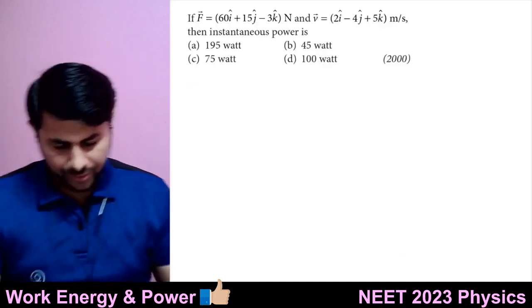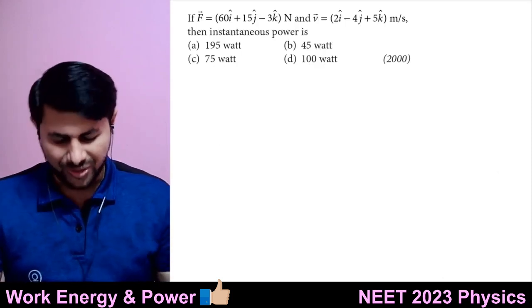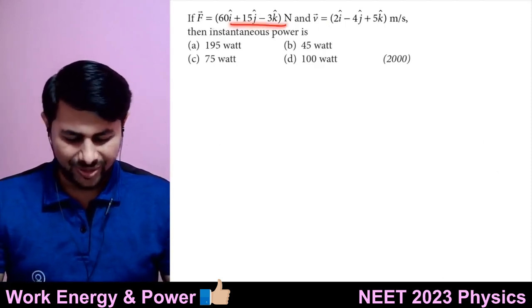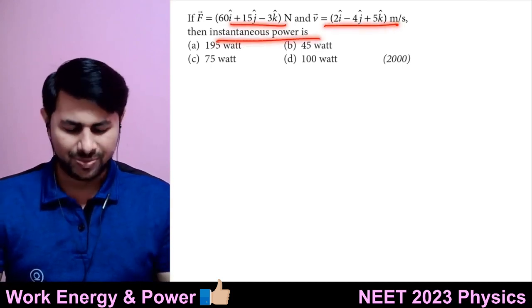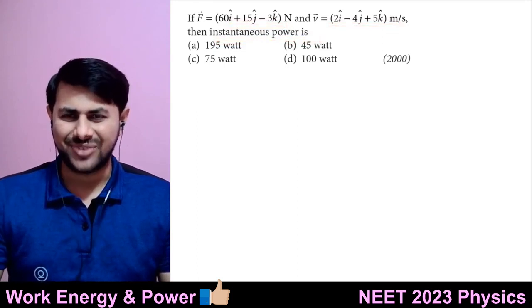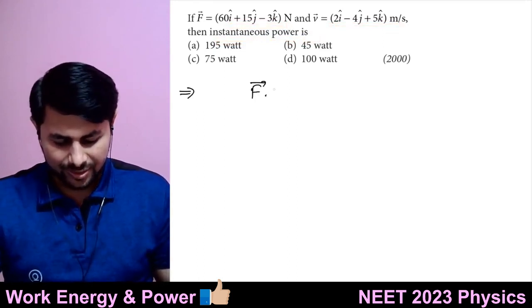Option C. Okay, this question. Tell me, you can solve this. Very straightforward. If force is this, velocity is this, instantaneous power is... Third simplest question we can say. So it is just equal to what? F bar dot V bar, the dot product.